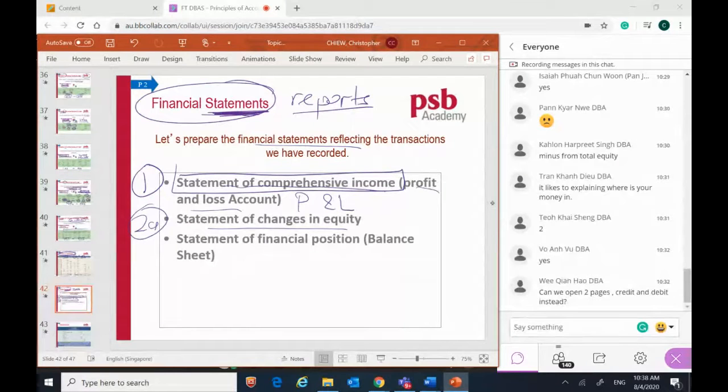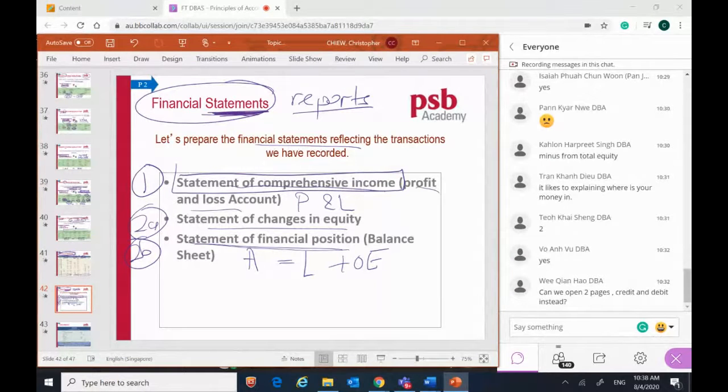And 2B is a statement of financial position. It will show you the position of a company, what they have. It will show you all their assets, all the liability that they owe, and what belongs to the owner. In other words, it will show you your accounting equation. This is a statement of financial position.